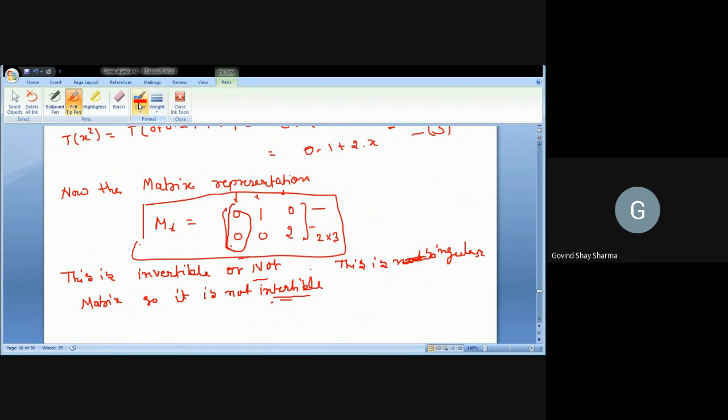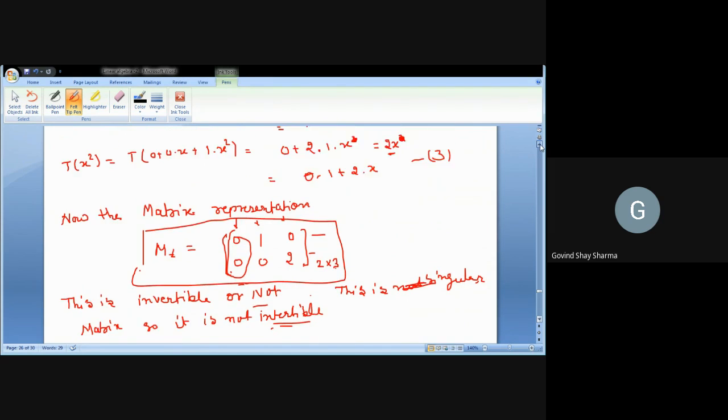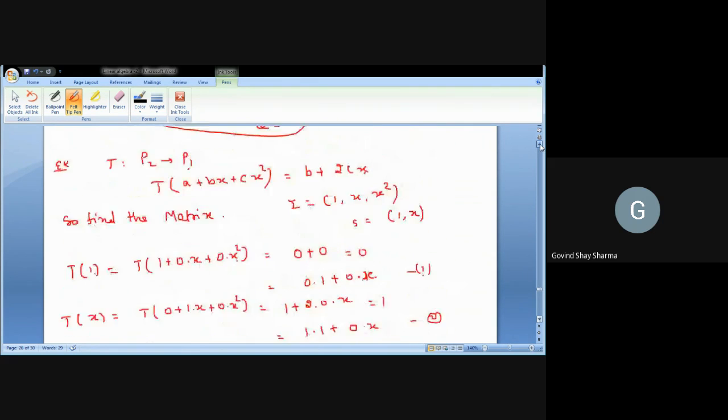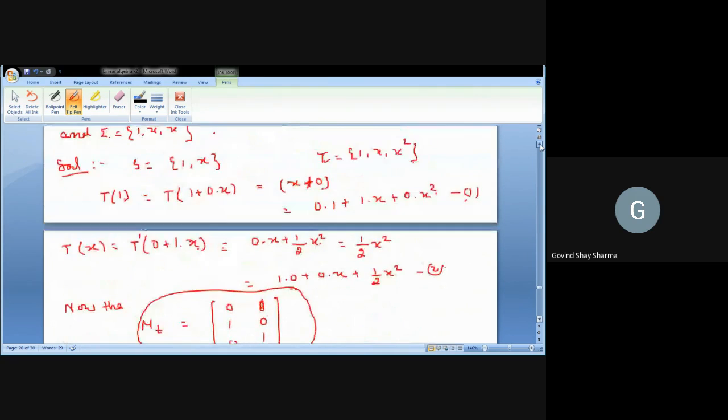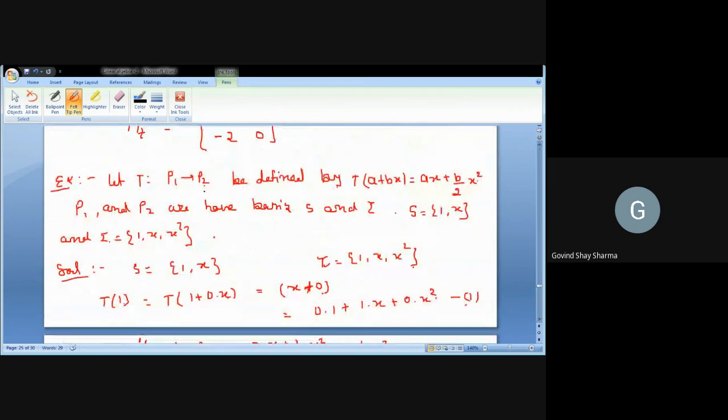Again I explain this question. The question is: first, given the transformation from P1 to P2, we define it as ax plus bx. The domain has the basis S, 1 and x, and the codomain has the basis 1, x, x square.